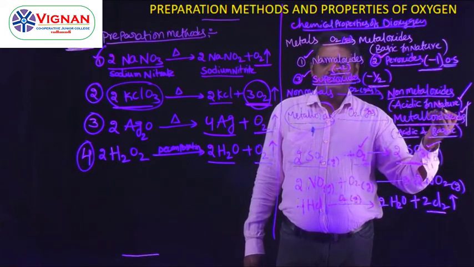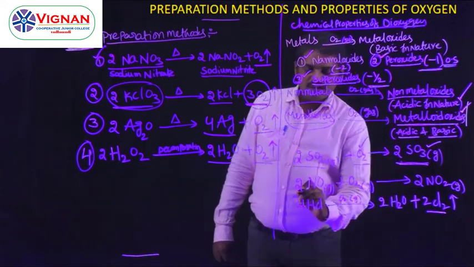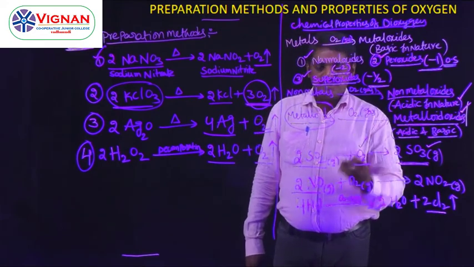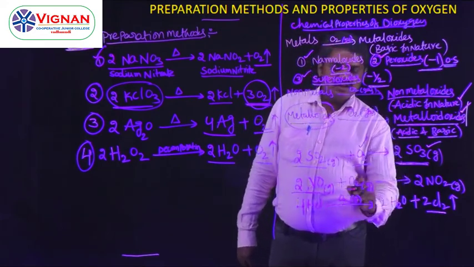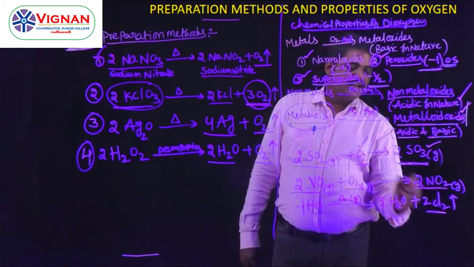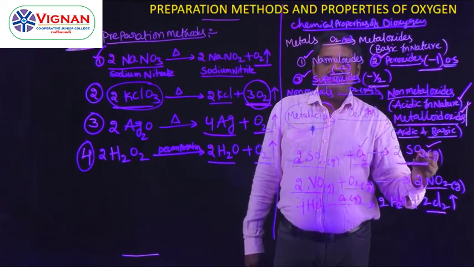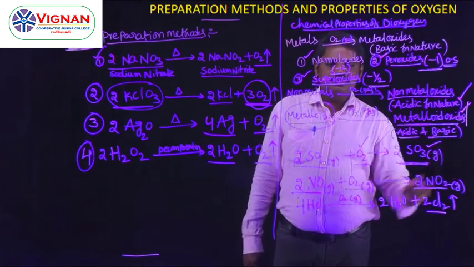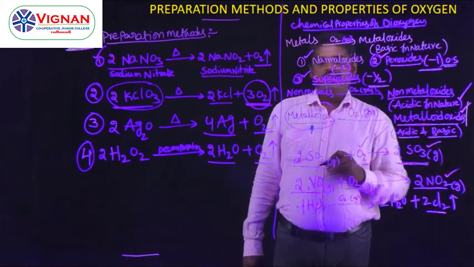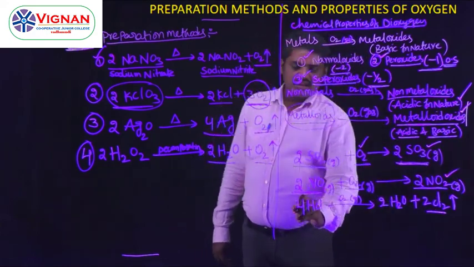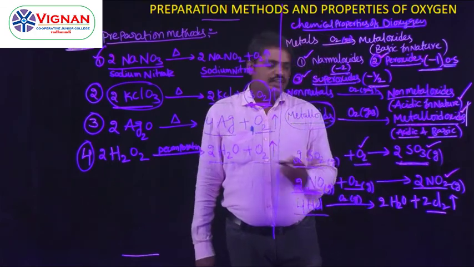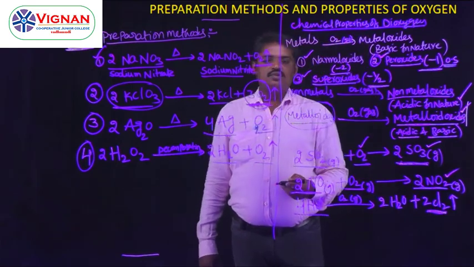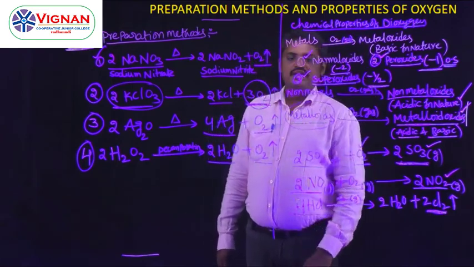For the preparation of nitric acid, the unstable nitrogen monoxide reacts with oxygen to produce stable nitrogen dioxide. This stable nitrogen dioxide reacts with water in the ratio of 3:1 to produce nitric acid. And finally, oxidation of hydrochloric acid produces chlorine. These are the important chemical properties of dioxygen gas.